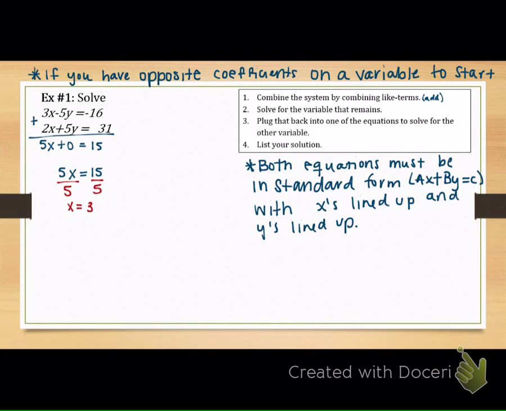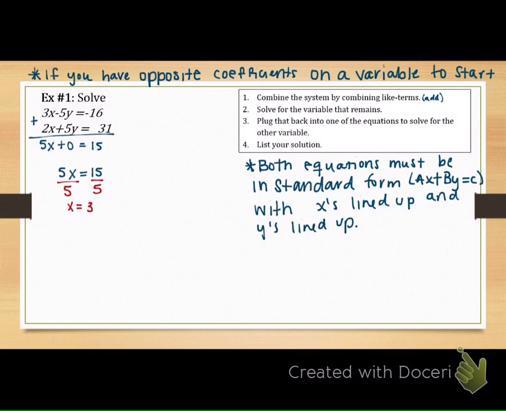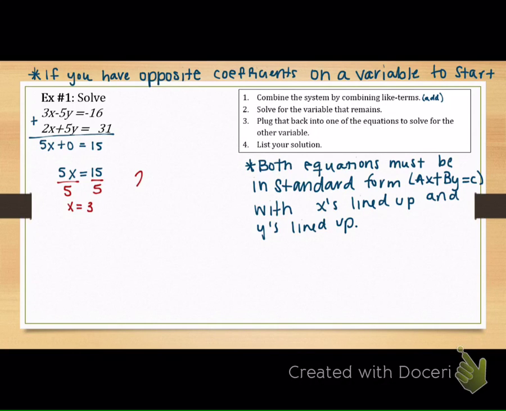Remember, x isn't your only solution. You're looking for where these two lines intersect, so it's an ordered pair. So Morel, how would I find the other variable? Plug 3 in for x. Which equation? The second one. You want to do the second one? So we're going to use the second equation and plug 3 in for x.